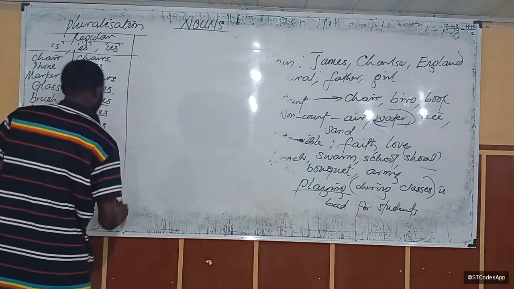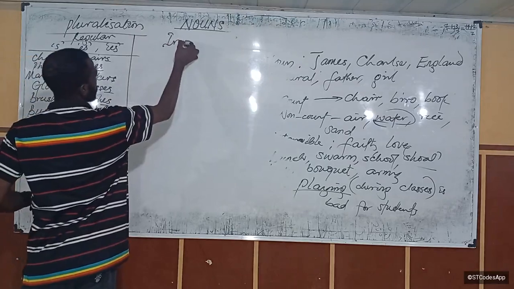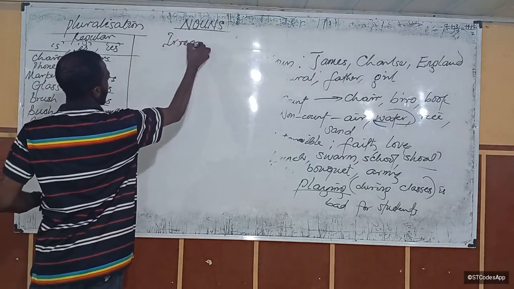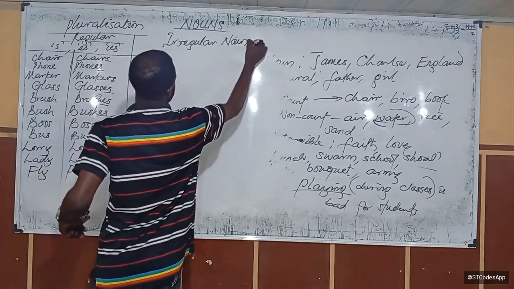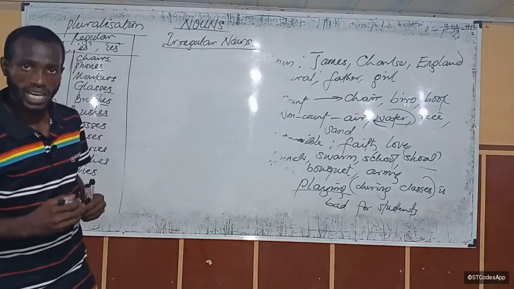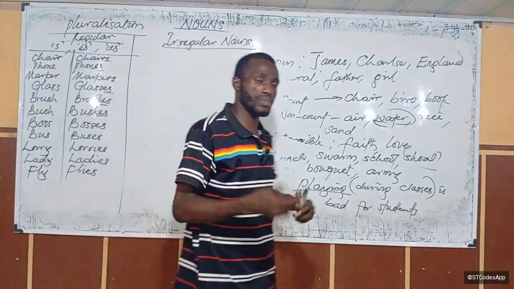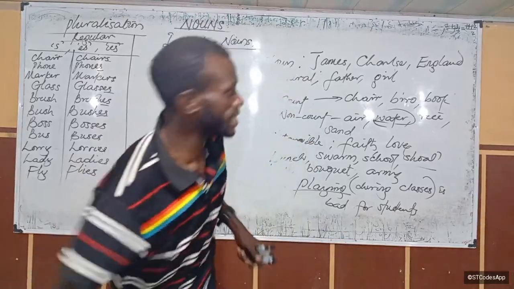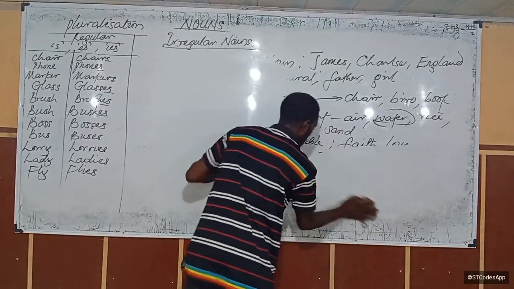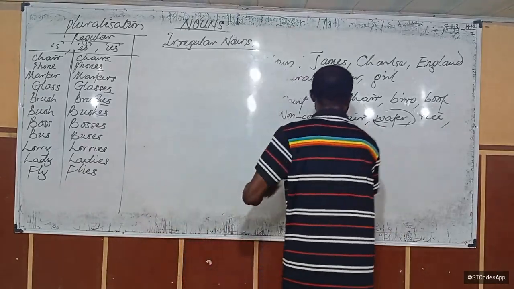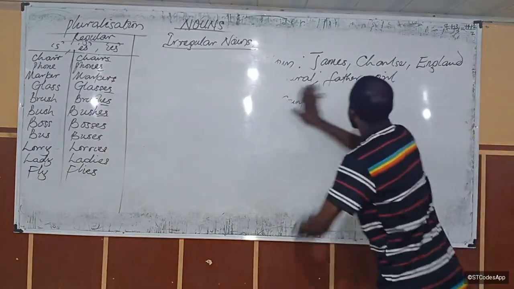Now, how about irregular nouns? These are the ones where we need to alter the form to make the plural. So in pluralizing them, we alter their forms, so we call them irregular.